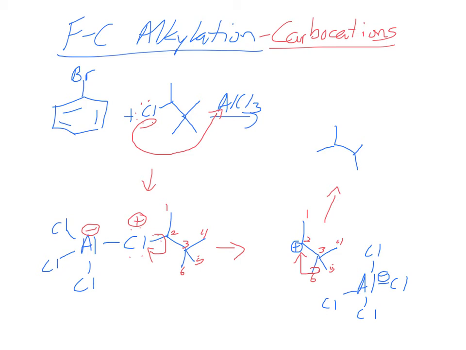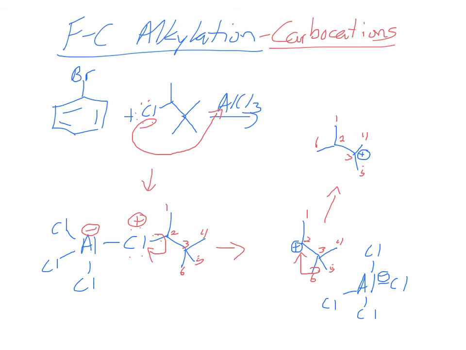Where's my plus charge? 3. Good. Now I had a secondary carbocation, and now I have a tertiary with 3 times 3, so 9 hyperconjugation buddies. So that's pretty stable. That's going to be my super electrophile. I can't make it any more stable than that.